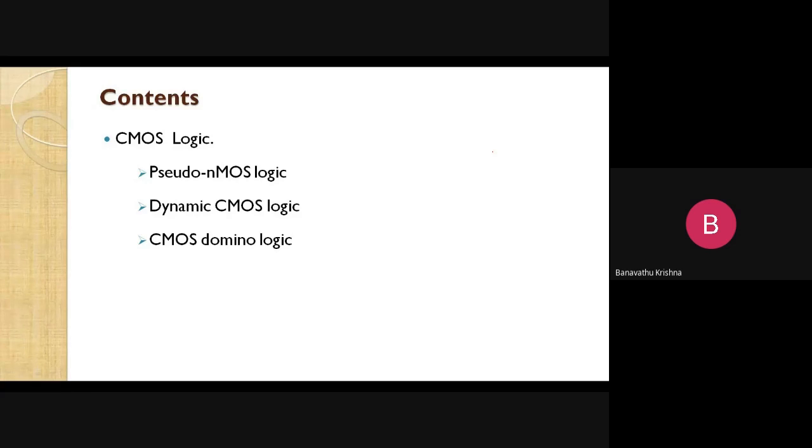Based on that, I'm going to design these logic circuits, and also discuss the advantages and the problems in each concept, and how those problems are overcome by considering other techniques. All those things we are going to discuss now.